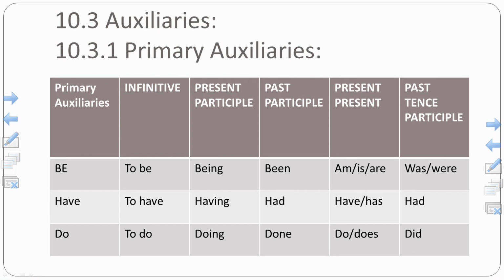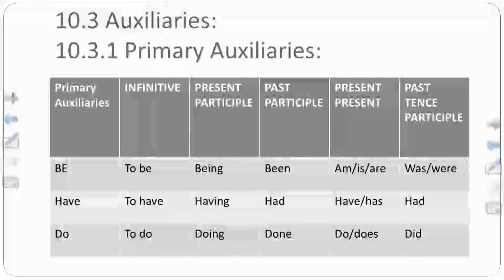The present forms are am, is, are. The past forms are was, were. Have: to have. The present participle is having. The past participle is had, the present forms are have, has, and the past form is had. For do: to do, doing, done, do, does, and then it will be did for the past tense. So we must remember how the primary auxiliary changes in each tense.